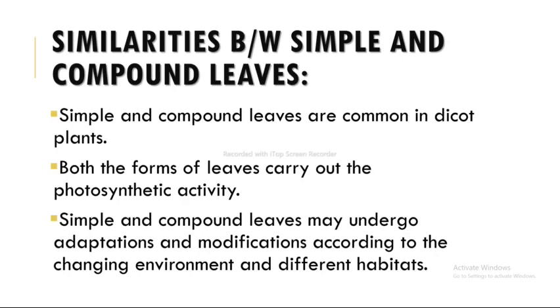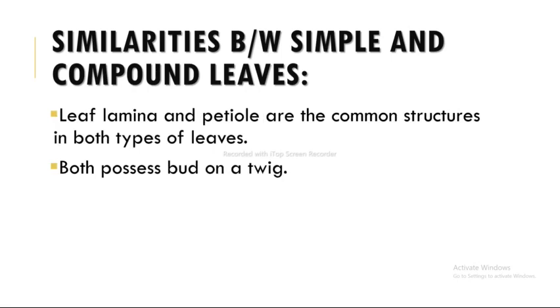Both the forms of leaves carry out the photosynthetic activity. Simple and compound leaves may undergo adaptations and modifications according to the changing environment and different habitats. Leaf lamina and petiole are the common structures in both types of leaves, and both possess the bud on a twig.